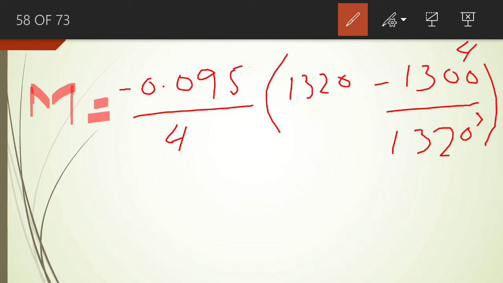Here is the value of m naught, here is the value of lambda, and here is the value of lambda naught.